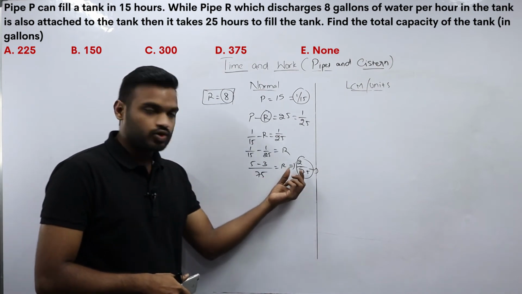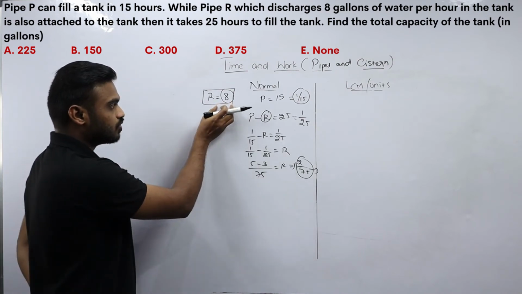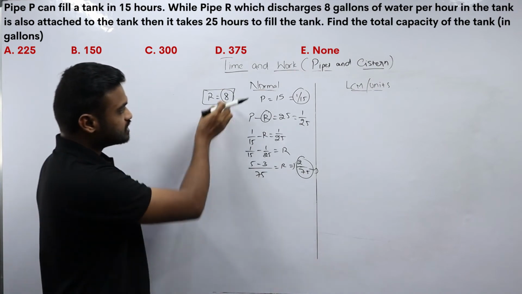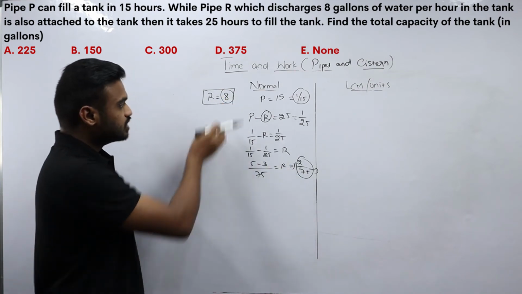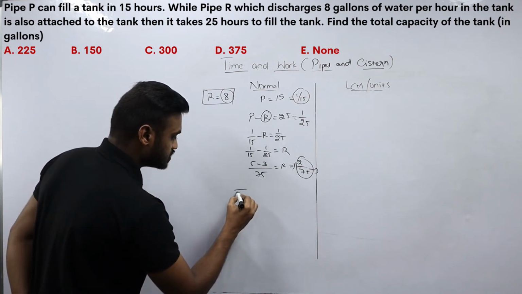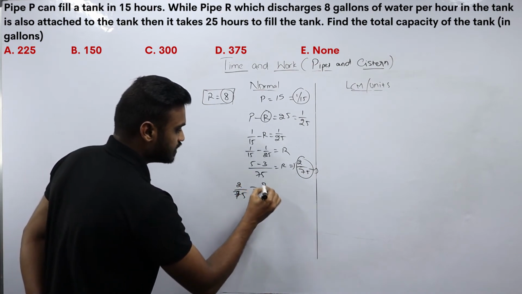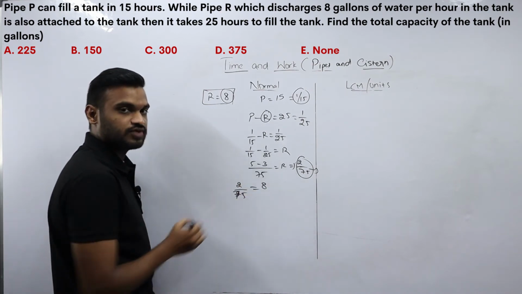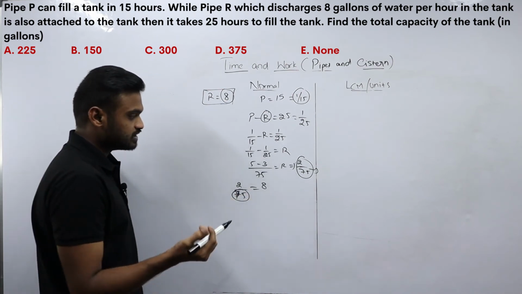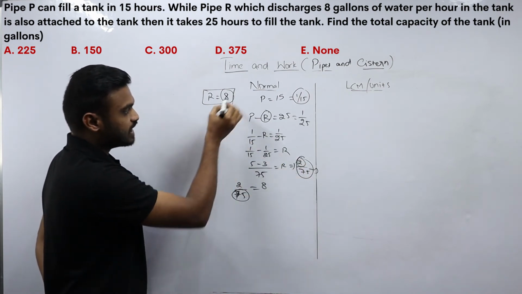Here we know R's efficiency in the form of hours, and we already know R's efficiency in the form of 8 gallons of water. Now we can simply equate these two, because both are R's efficiencies only. So out of 75 parts, 2 parts are equal to 8 gallons of water.